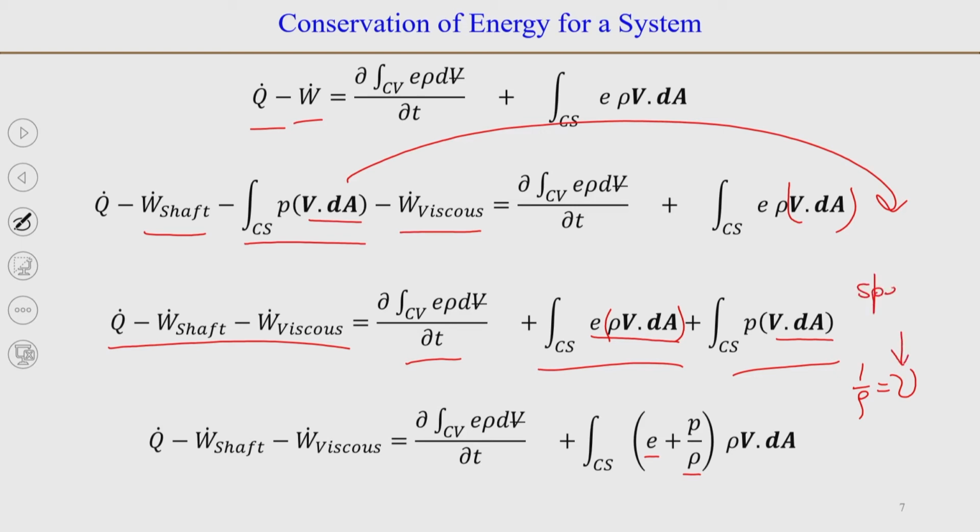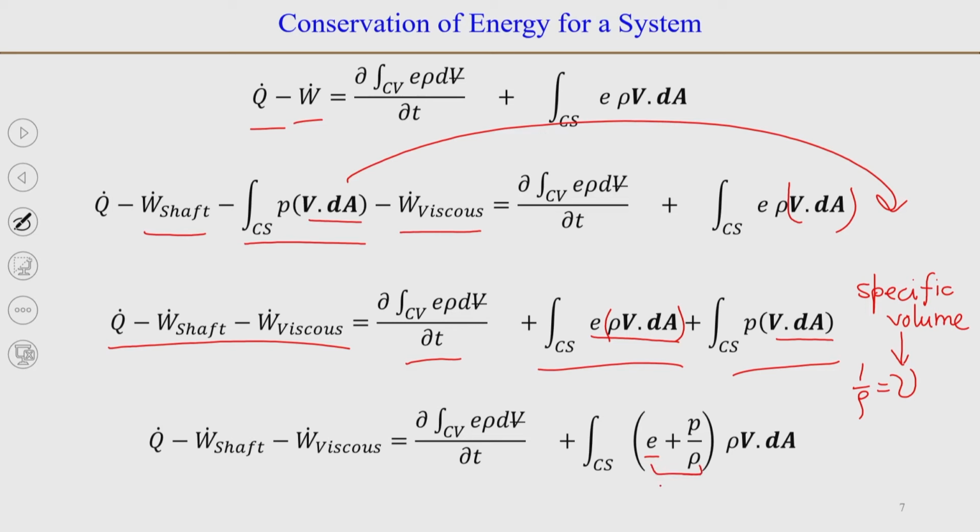So, 1 over density is called specific volume and is commonly used in thermodynamics. So, this is e plus Pv.